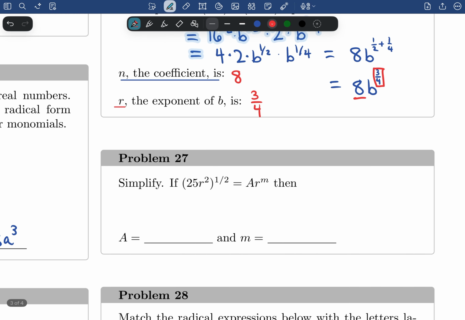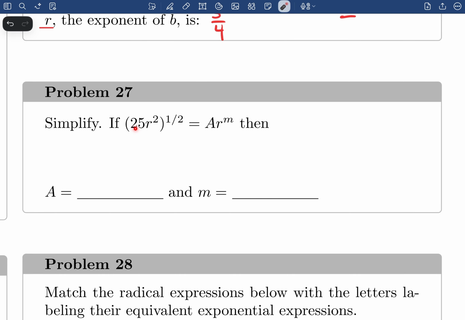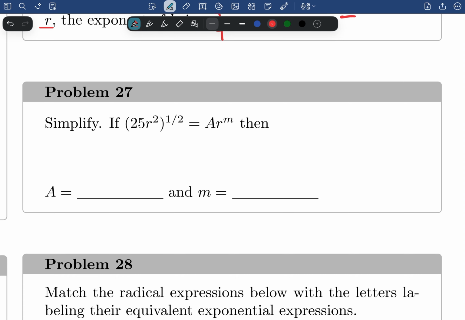Problem 27. Simplify this. If 25 times r squared to the 1/2 equals a times r to the m, then a equals blank and m equals blank. So since 25r squared is in parentheses and raised to the 1/2 power, the 1/2 power applies to the base of 25 and it applies to r squared.